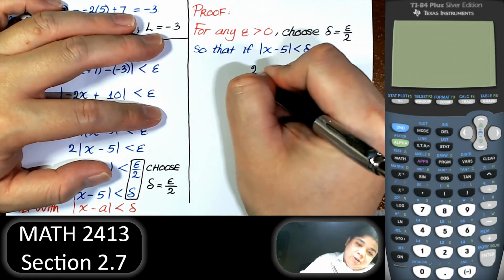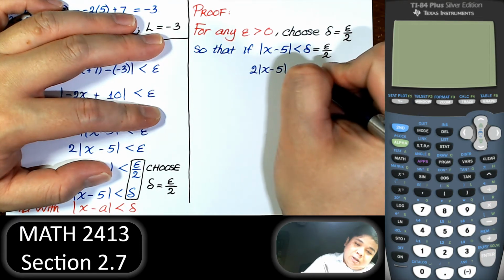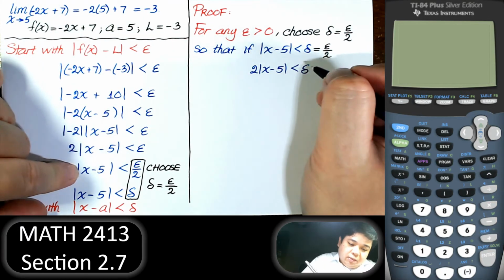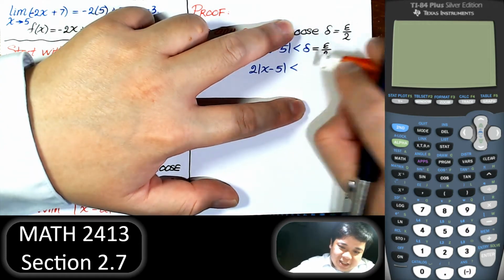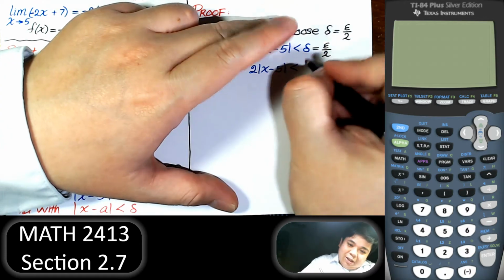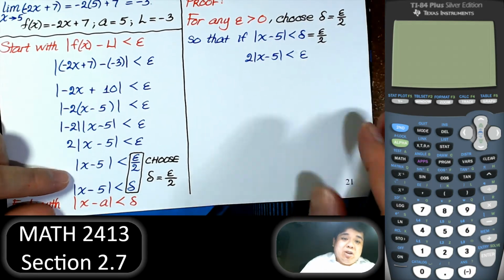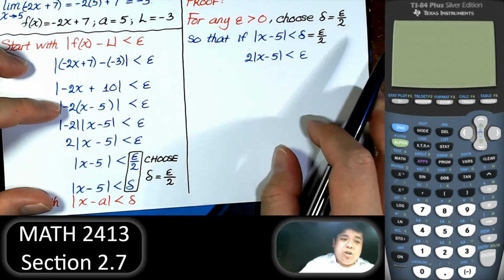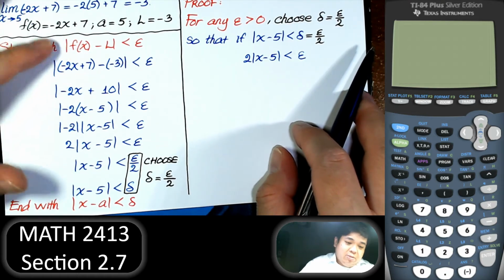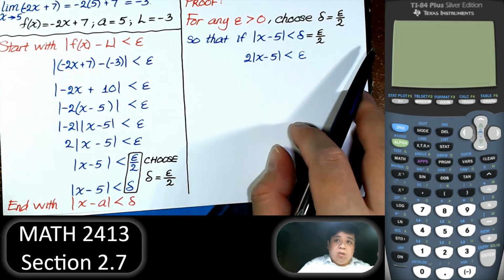Multiply 2, delta, epsilon. Right, because if you start the proof here and then you end up with this, it is kind of not counterintuitive, but if you write this in reverse, I mean this process from top to bottom is intuitive.